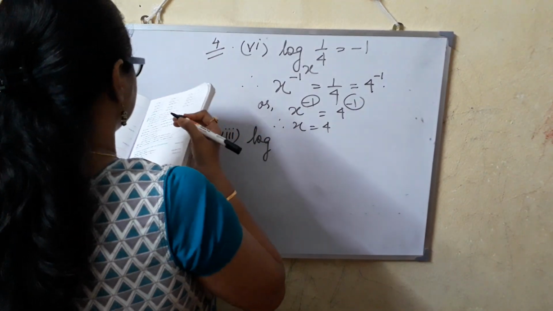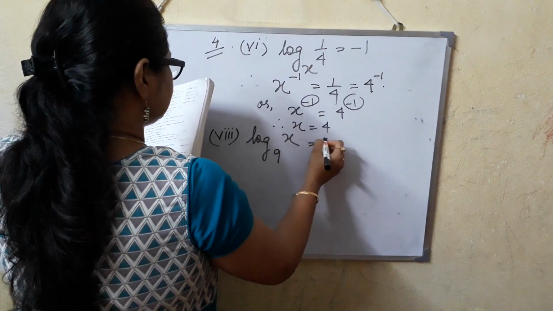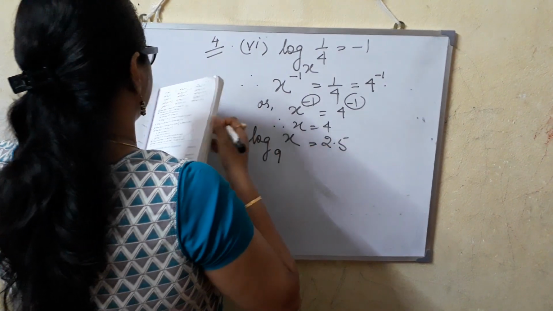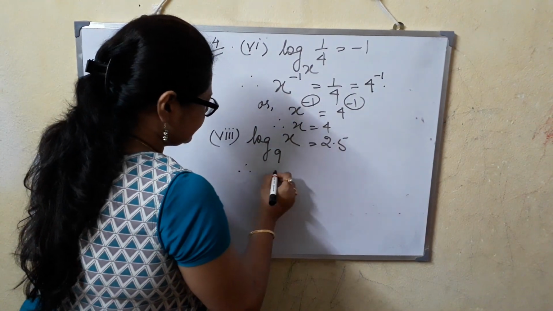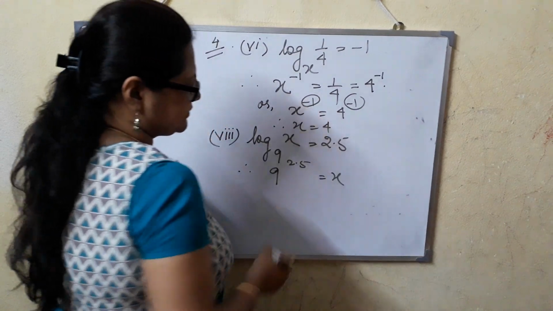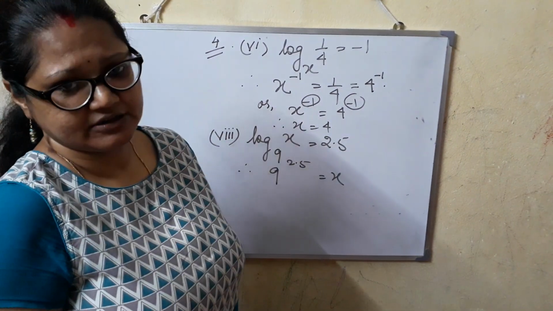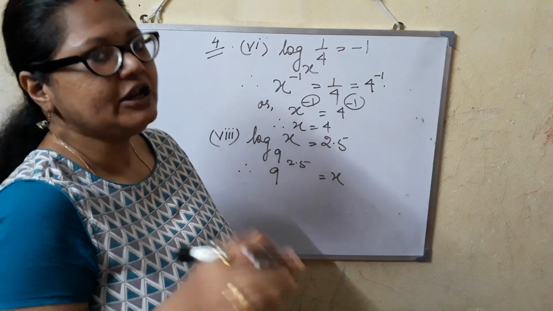Log of x to the base of 9 is equal to 2.5. One more simple sum. From here I can write 9 to the power of 2.5 is equal to x. Now 2.5 is a decimal. You have to express this in either fraction or in whole number.